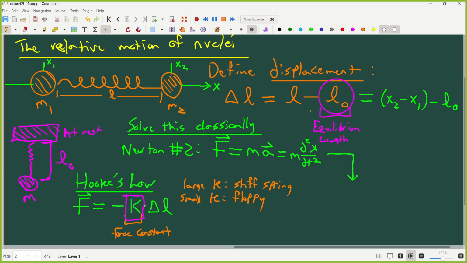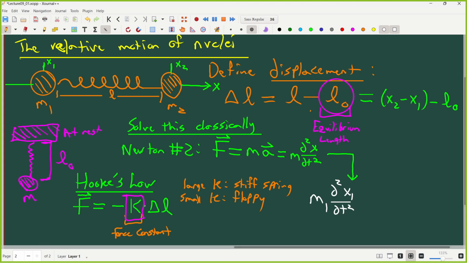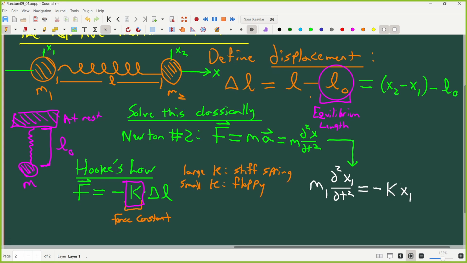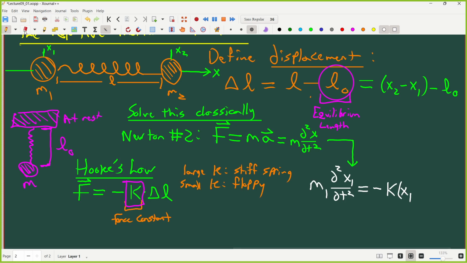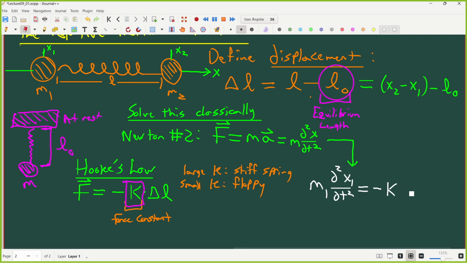So when I put all of this together, I have the mass of m1 times its acceleration, which is the second derivative of x1, its position, with respect to time, equal to the force, which is minus k x1, its displacement. We'll call it x1.